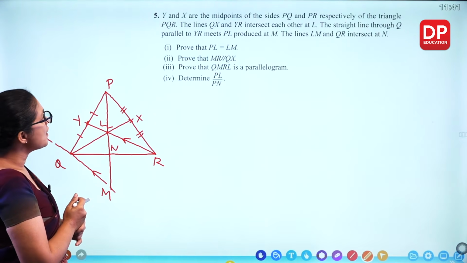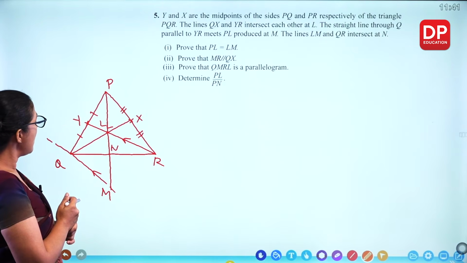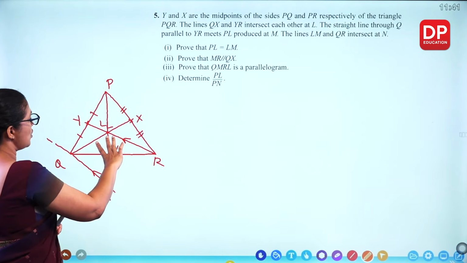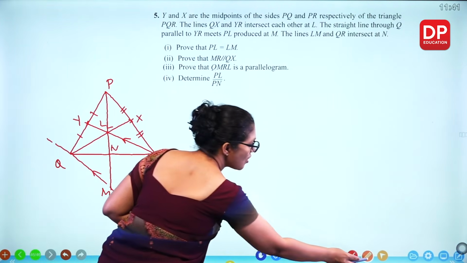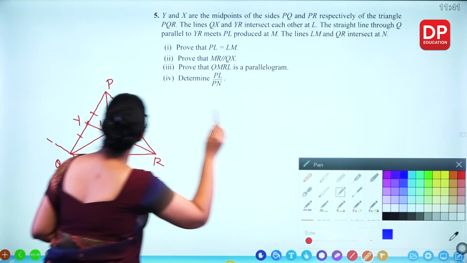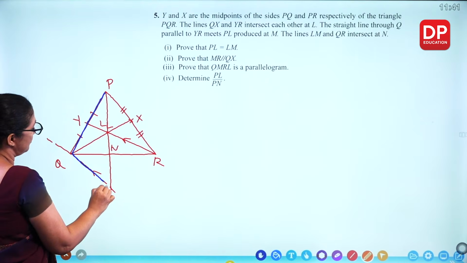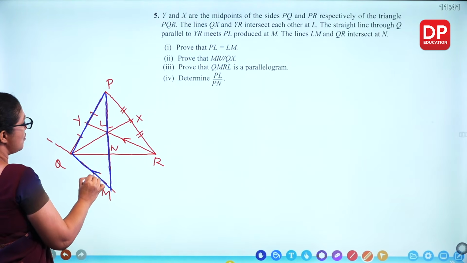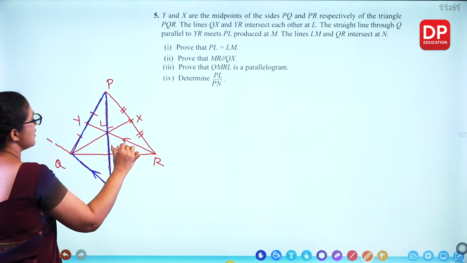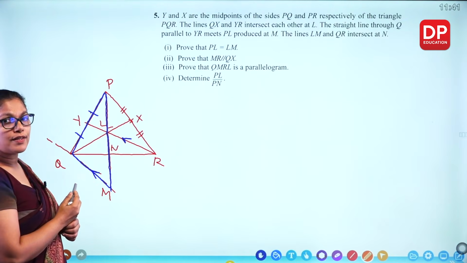First part, prove that PL is equal to LM. So it's easy when you look at this triangle. We know this line is parallel to this one, and this one is equal to this one.